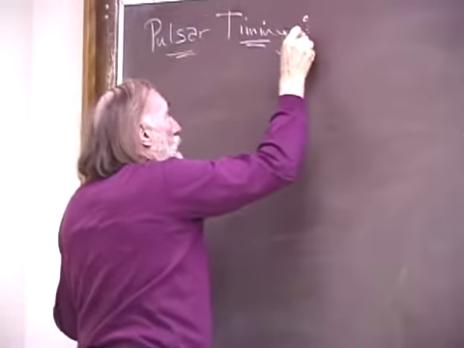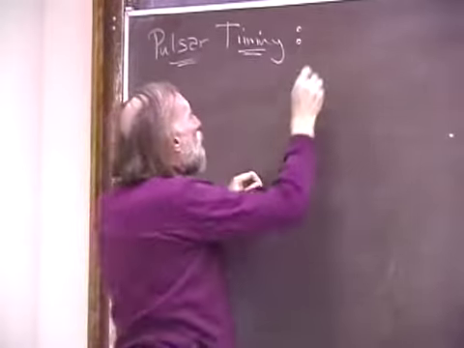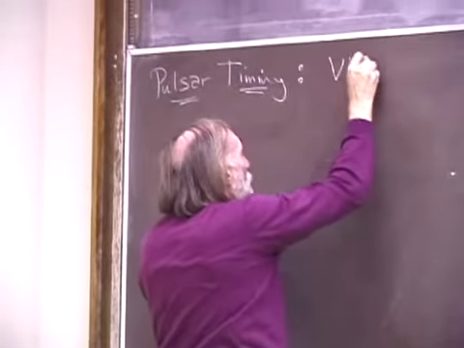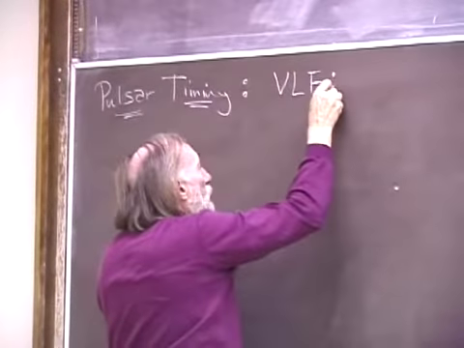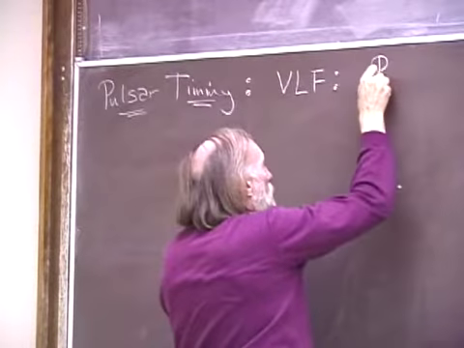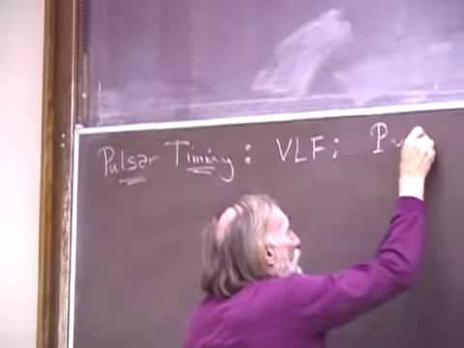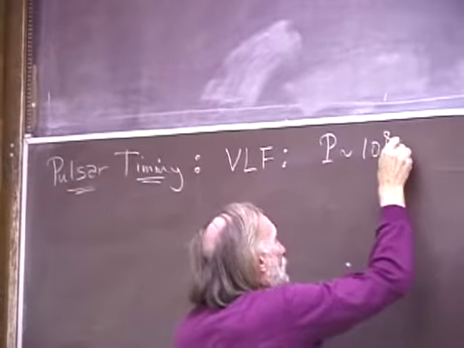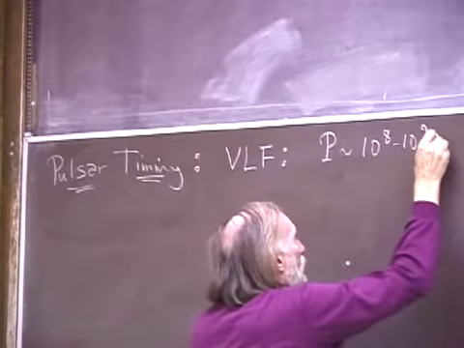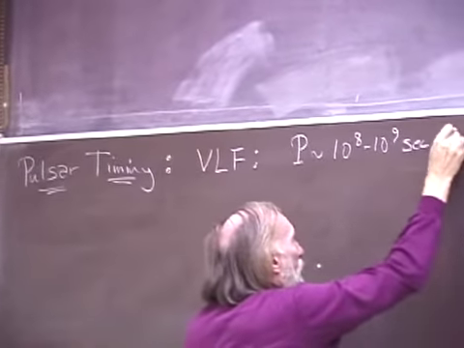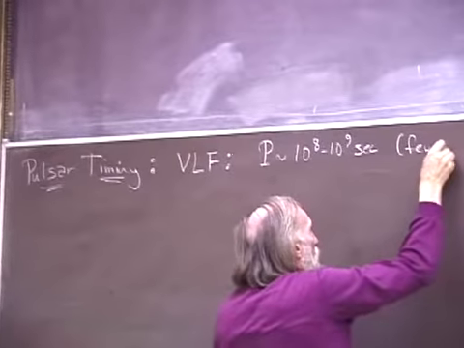Pulsar timing is a technique that is used in the VLF band, very low frequency band, which is the band where the periods of the gravitational waves are of order 10 to the 8 to 10 to the 9 seconds typically. That is a few years.